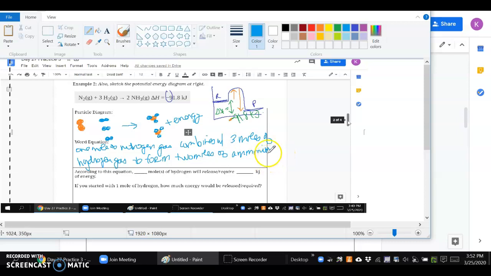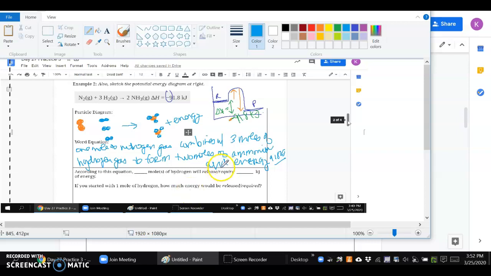That's what I wrote on the thing, but if you don't get the name quite 100%, don't worry about it. To form 2 moles of ammonia and energy. We probably should even say 91.8 kilojoules of energy. That would not be a bad idea.